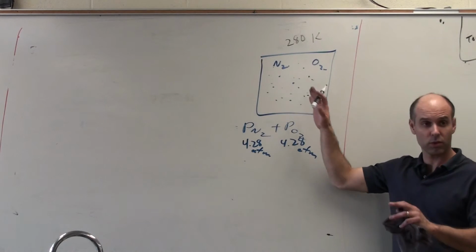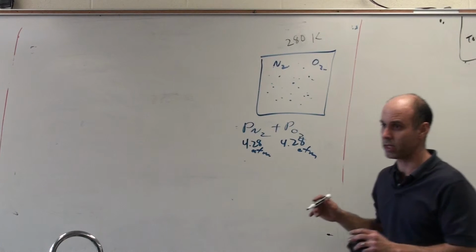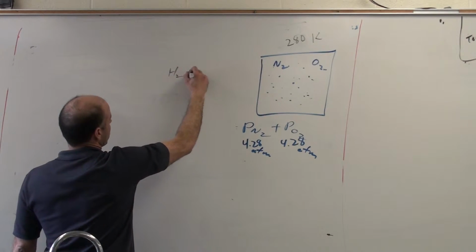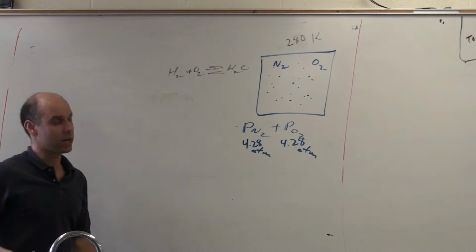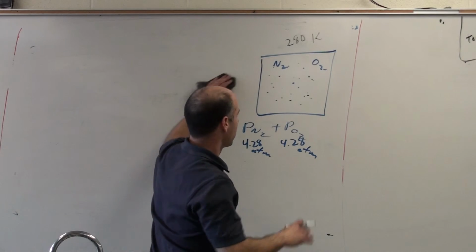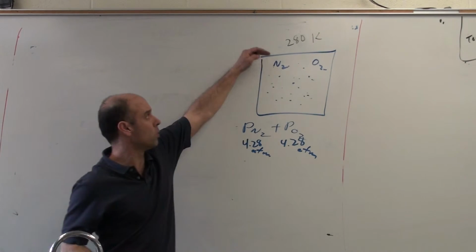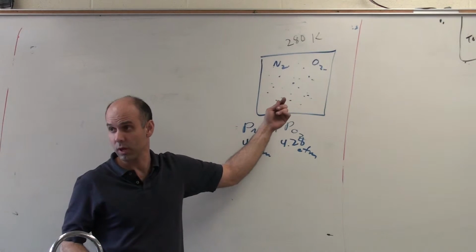Now, remember I said there's no reaction going on. It'd be a whole other story if there was some reaction, like if they had, I don't know, hydrogen gas and oxygen gas in there, and they're looking at some sort of equilibrium reaction. They're not. The nitrogen and the oxygen, the ratio will stay the same. If you lower the temperature, it just means they can be moving slower. Okay?